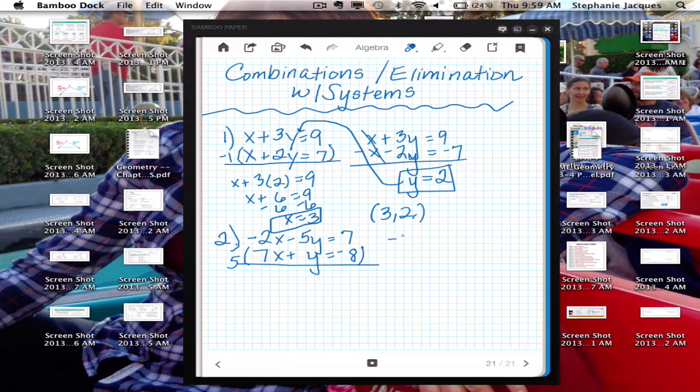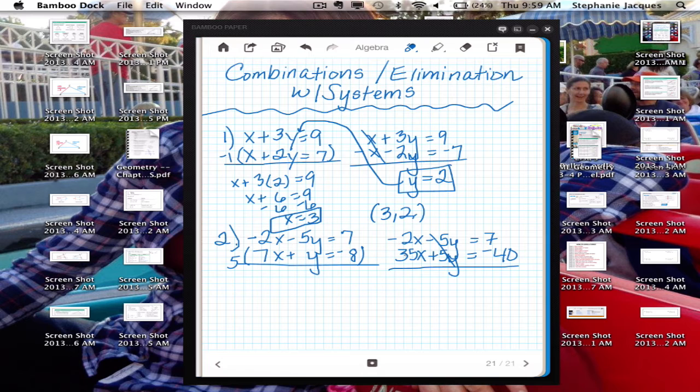So I'm going to rewrite my top equation: 2x minus 5y equals 7. And then I'm going to multiply the bottom. So I have 35x plus 5y equals -40. Now I'm just going to look vertically down. These cancel out.